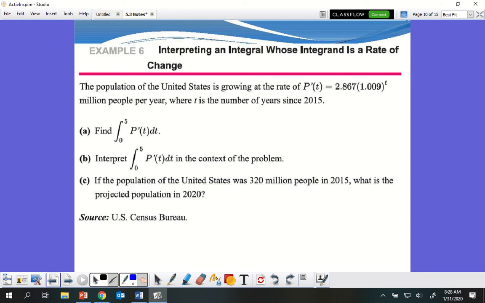Do you remember how we did the integral of 2 to the x? There was a special format for that one. Yeah, we're going to have to do an ln.